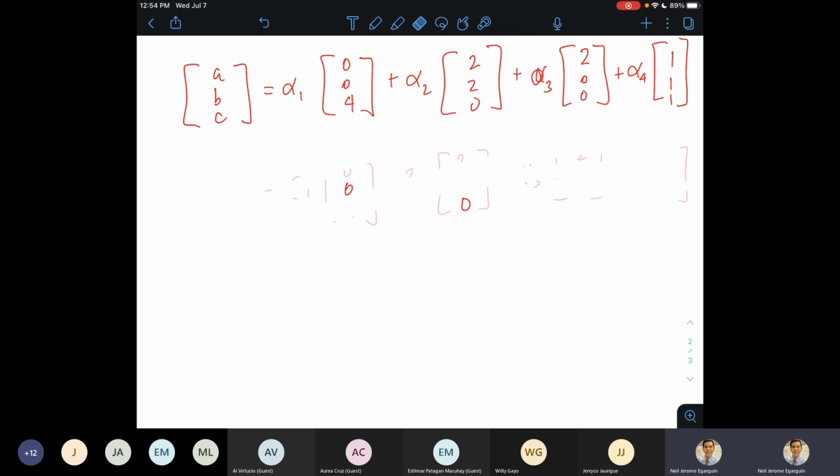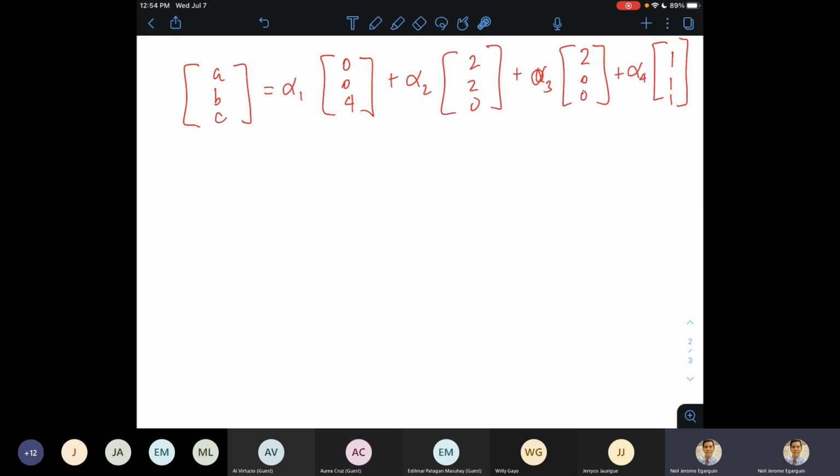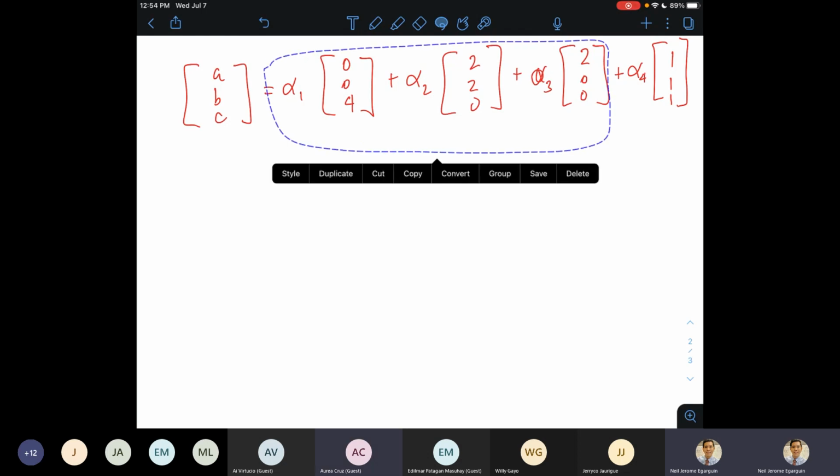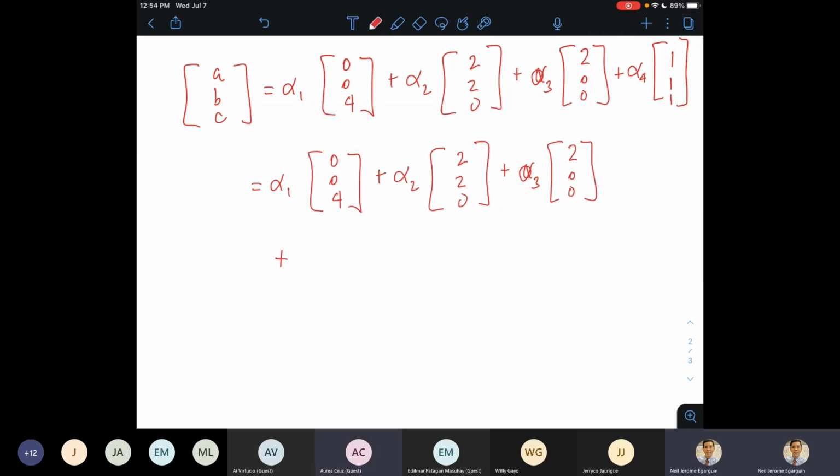Let's use the fact that we already know a representation for 1, 1, 1 in terms of the other three vectors. So if you have any generic vector ABC in R3, you can represent it this way. Let me just copy the first three expressions here, but I will write alpha 4 times our representation earlier for 1, 1, 1.